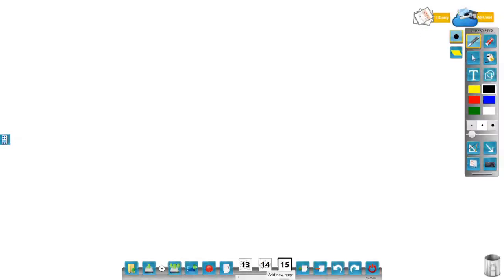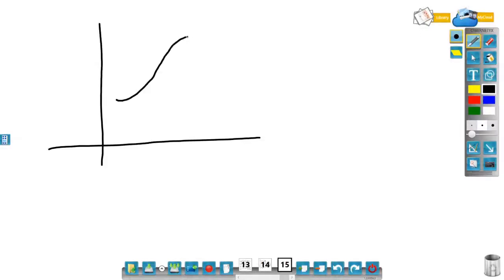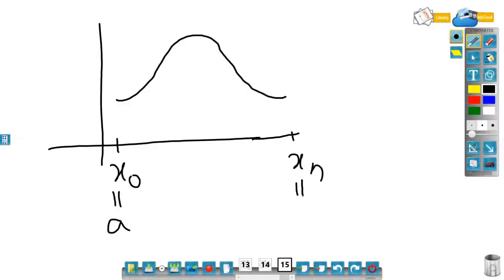Now let me draw a function. Now let me draw where is x0, which is a, and this is my xn, which is my b, and this x1, x2, and so on.